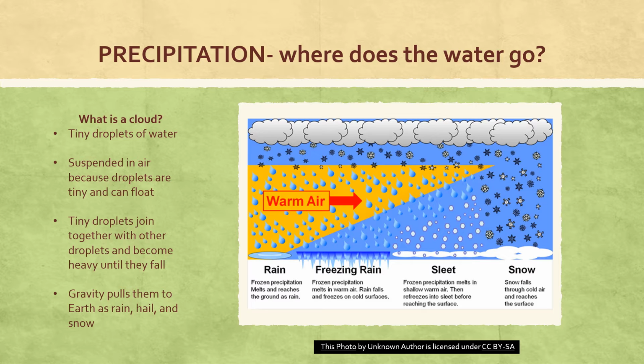Those tiny droplets are suspended in the air because they are tiny and they float. The tiny droplets join together with many other water droplets and they become heavier and heavier until they start to fall. Gravity pulls them to the earth as rain, hail, and snow.